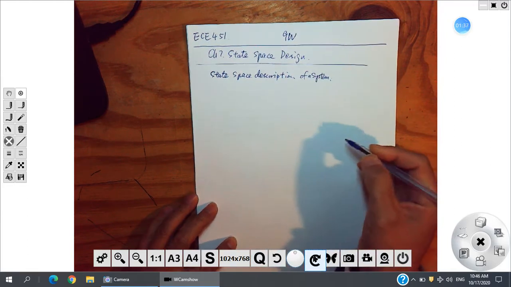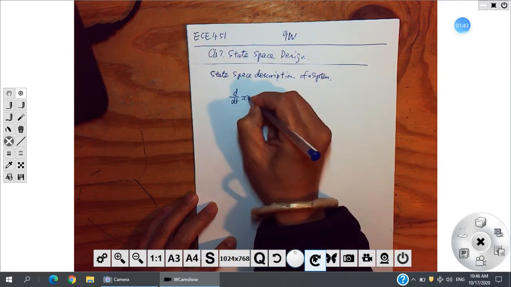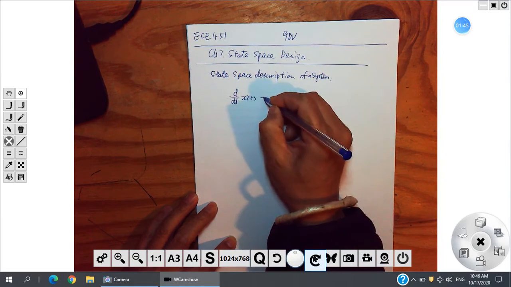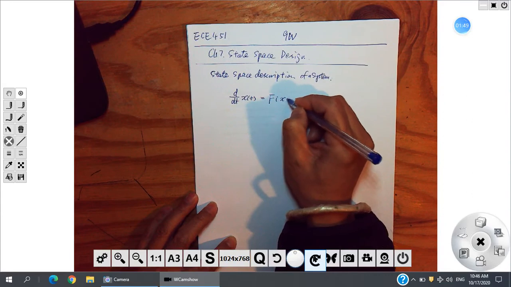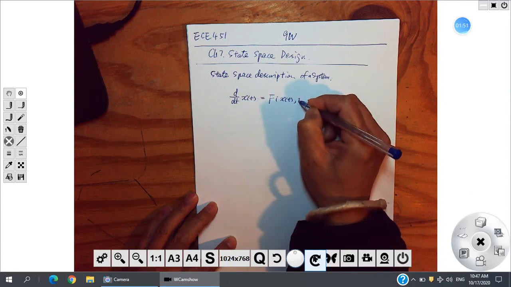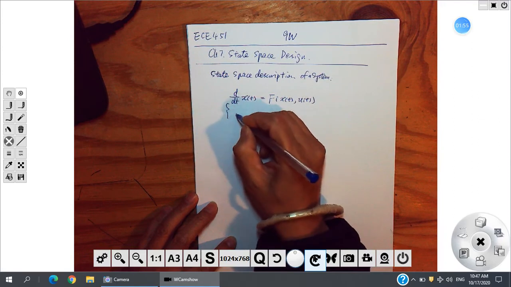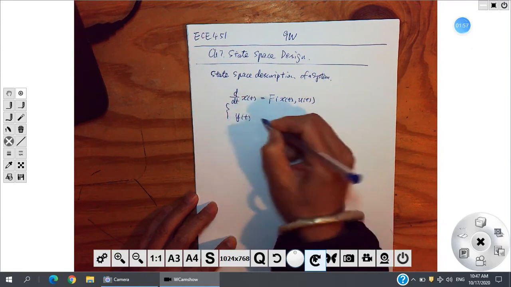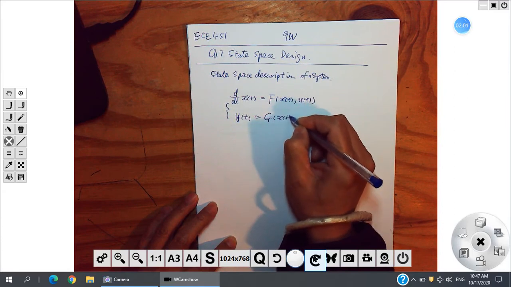The most general form looks like this: d over dt of x of t equals f of x of t and u of t, and y of t equals g of x of t and u of t.